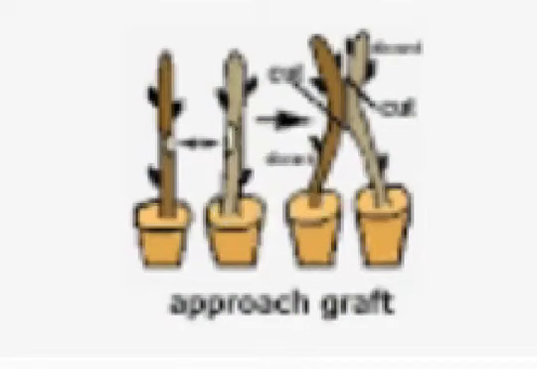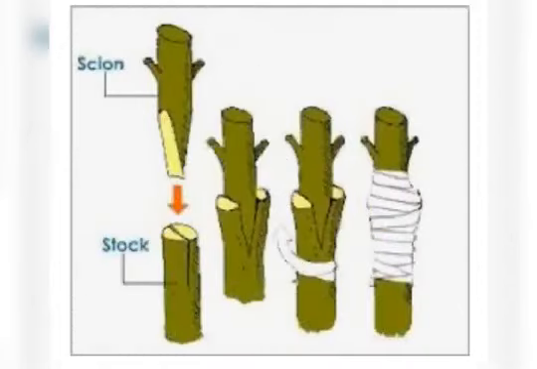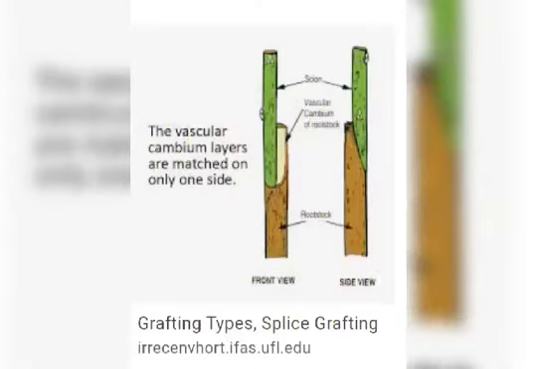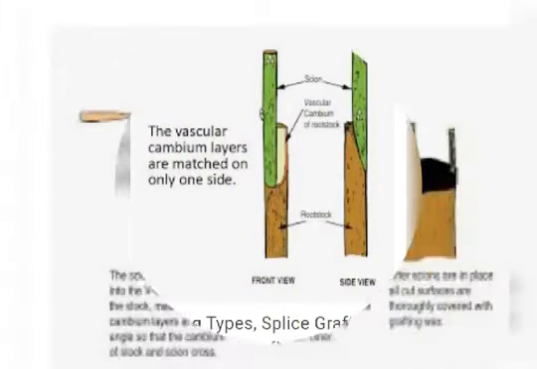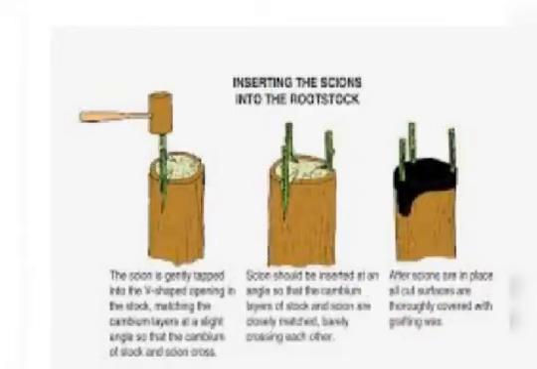The last topic is layering. Layering is another important conventional method. What is layering? The stem of a parent plant is allowed to develop roots while still in contact. You can see a picture over here. A branch of that mother plant is bent down and a stone is kept over the branch.